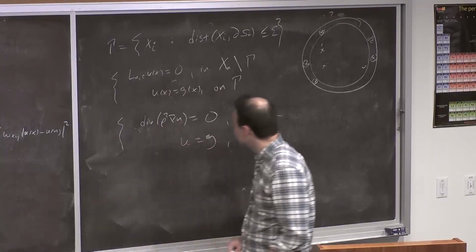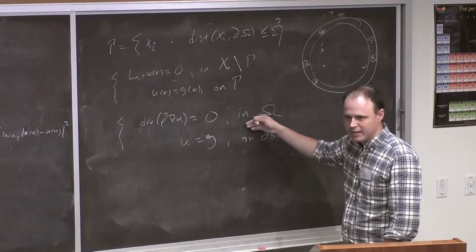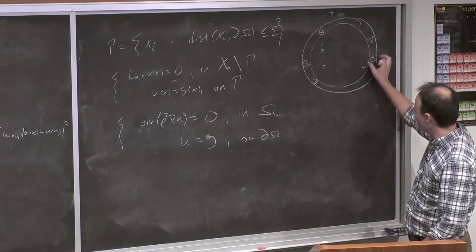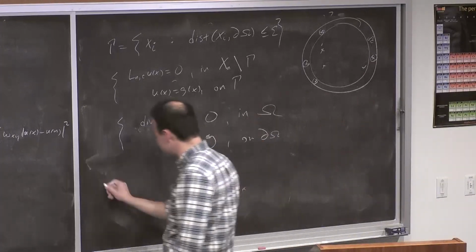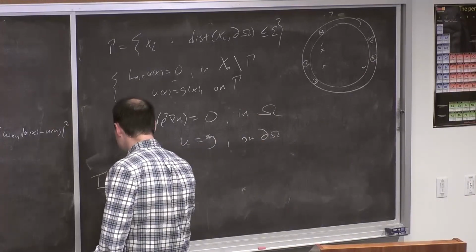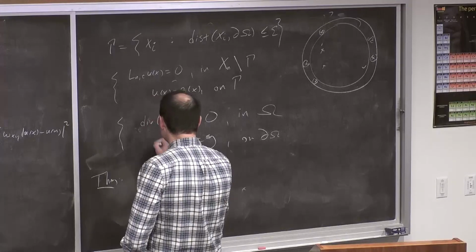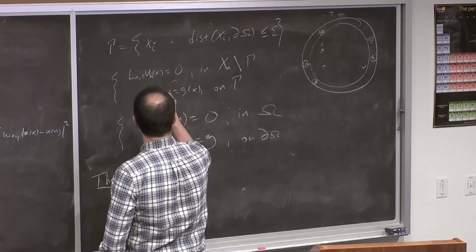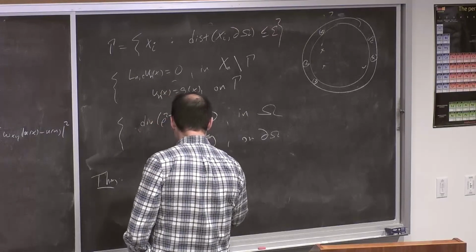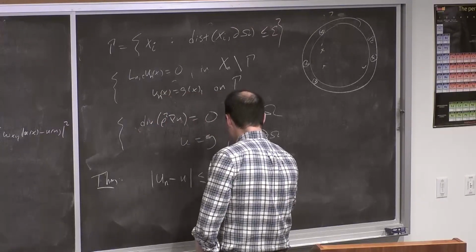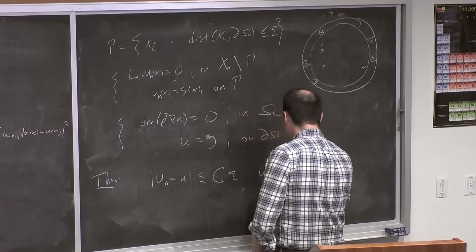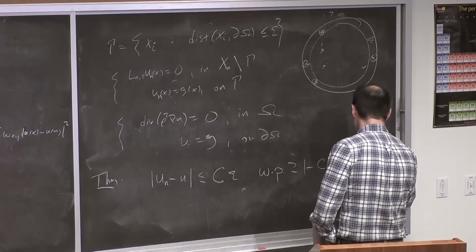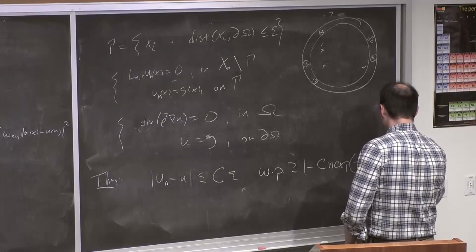Okay. So this is my discrete problem. This is my continuum problem. Okay? And this is enough data in this setting. Actually, you can make this narrower than epsilon, which I'll say in a sec. But this is enough to say, just with a simple maximum principle argument, that the solution here, call this u sub n, let's say, u sub n minus u is less than c times epsilon with probability bigger than 1 minus c n exponential minus n epsilon to the d plus 4.